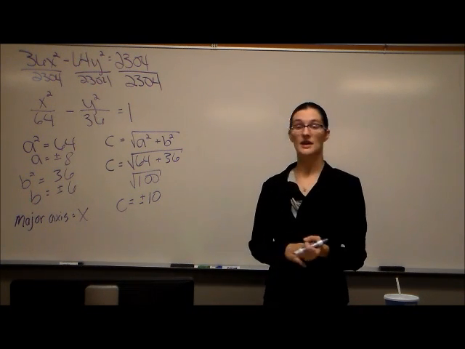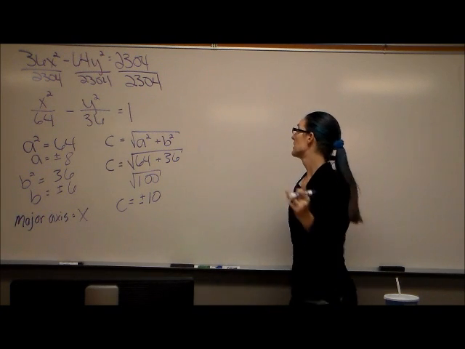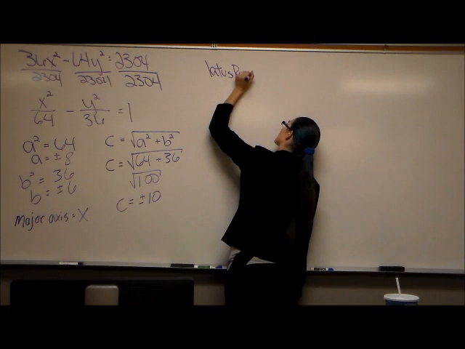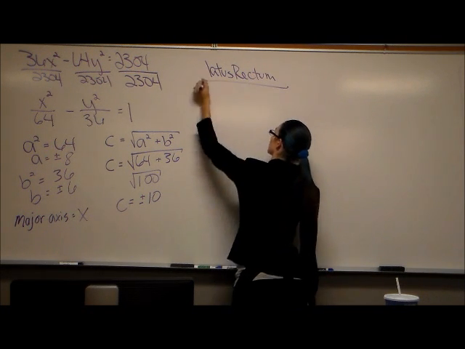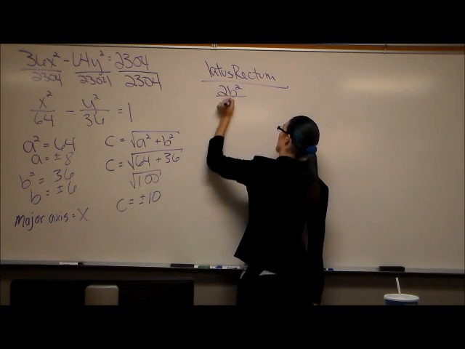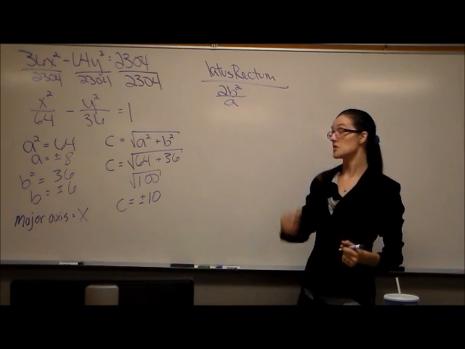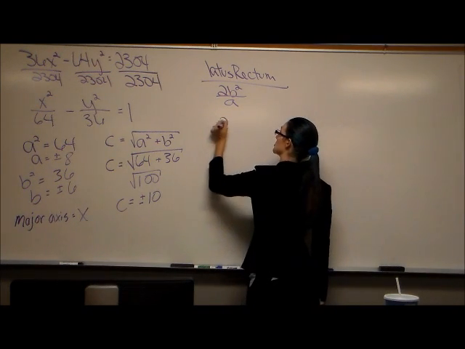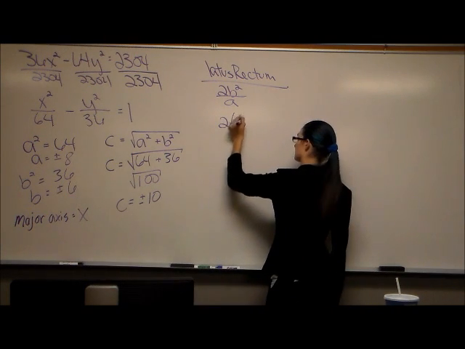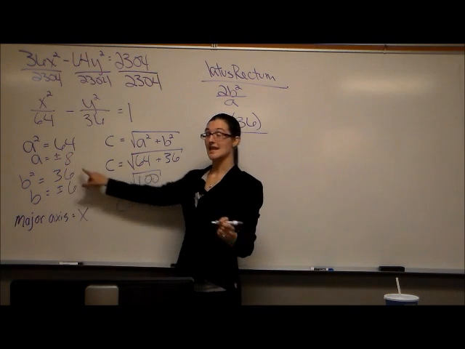All we have left to do is to find the length of the latus rectum before we just put it all onto a graph. So for your latus rectum, our length is equal to 2b squared over a. Remember, that's the entire length, so we're only going to use half of that to go up and down. 2b squared is 72, divided by a is 8.